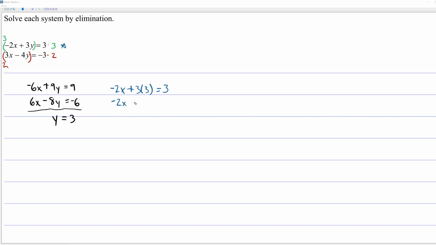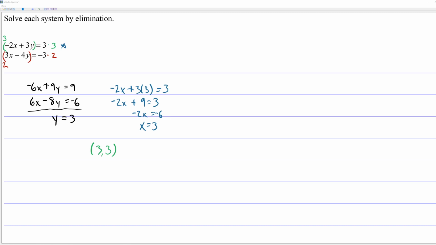So we have negative 2x plus 9 is 3. So negative 2x is negative 6. And then we have x equals 3. So we found the point of intersection of these two lines, which is the goal. Oh, they intersect at the point 3, 3.